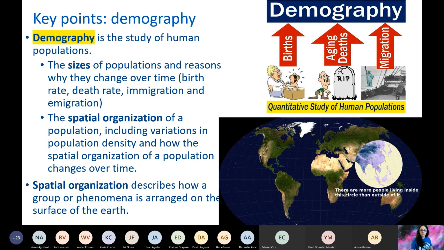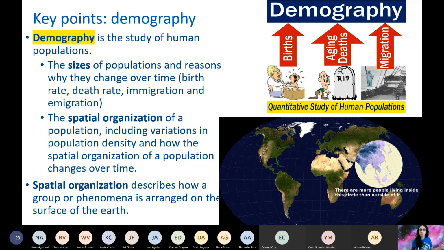And then finally, the last big vocabulary word for Unit 1 was demography. DEMO is a root that usually relates to the people. We know democracy is the rule by the people. So demography is the study of human populations. That means the size of populations and why they change, including birth rate, death rate, immigration, and emigration, and the spatial organization of the population.